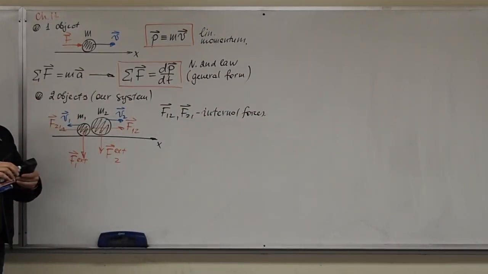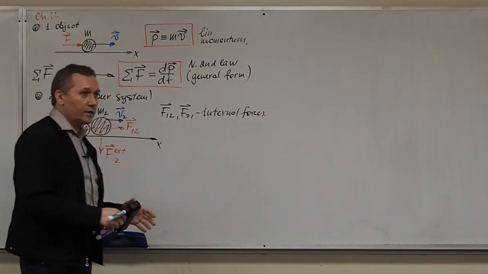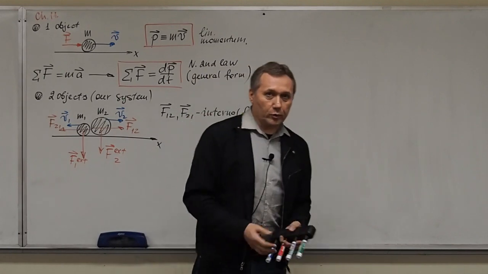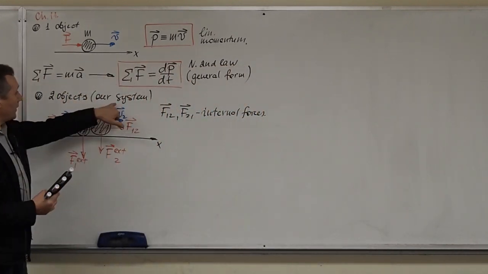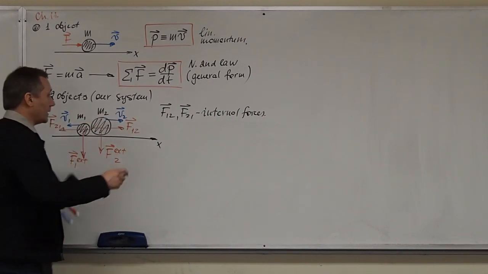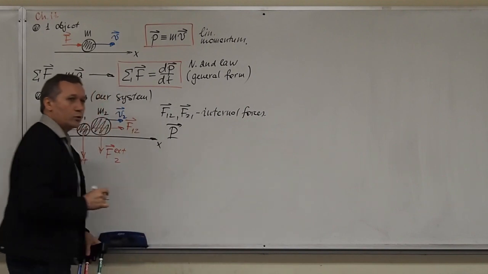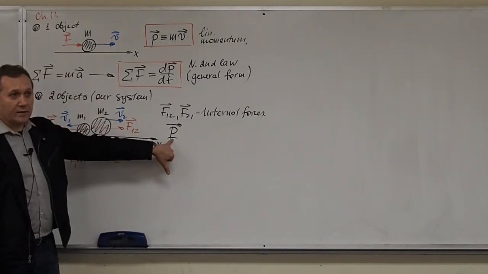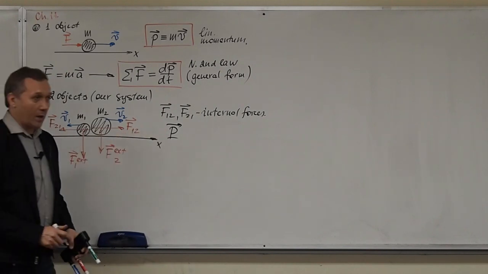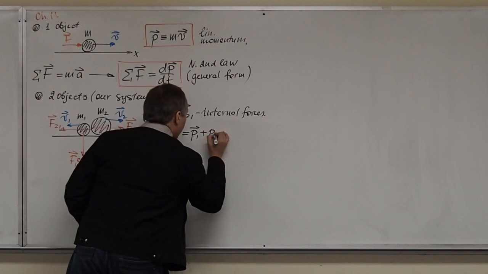So if we have 2 objects, these can have a certain linear momentum, so we can introduce the total linear momentum of the system. Let's use capital P to denote the total linear momentum of the system. The bar underneath means that this P is a capital P. So we can write it as p1 plus p2.